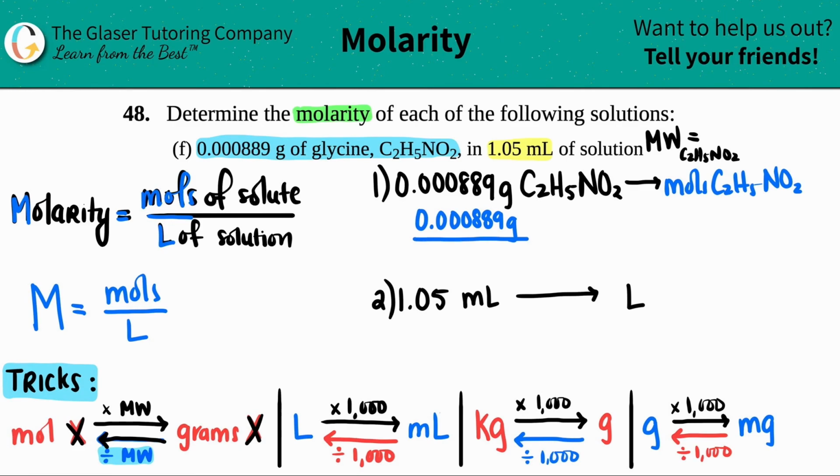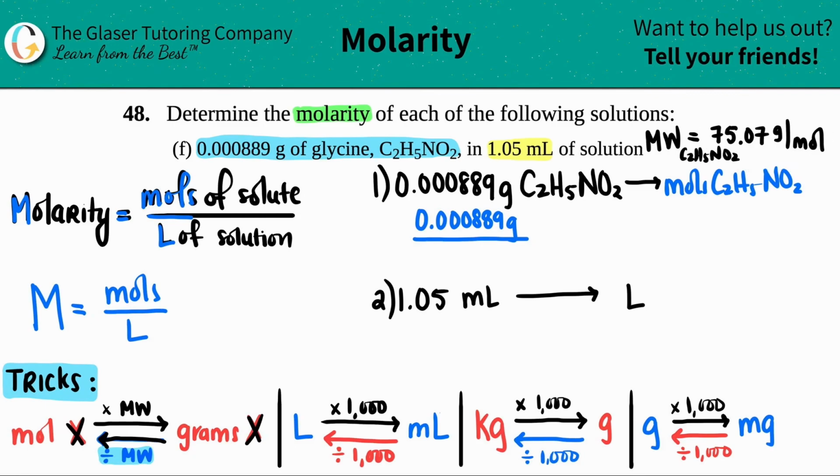So I have 2 carbons, I have 5 hydrogens. Let's see, I got 1 nitrogen, and then I have 2 oxygens. Okay, so my number roughly comes out to being 75.07 grams per mole. That's the molecular weight.